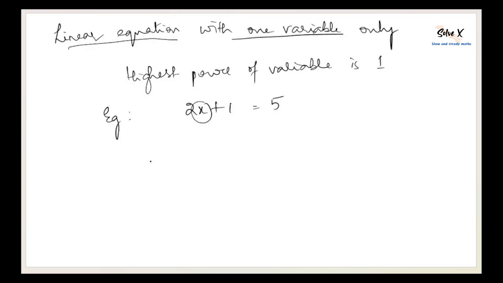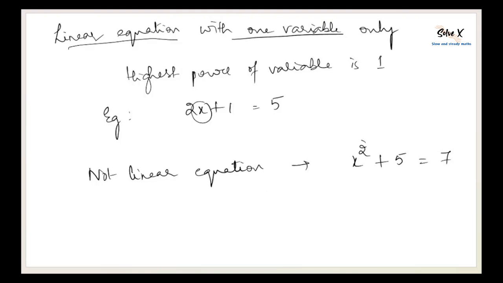So what is not a linear equation then? You have to know what is not a linear equation as well to understand what is a linear equation. An example of a non-linear equation is x square plus 5 is equal to 7.